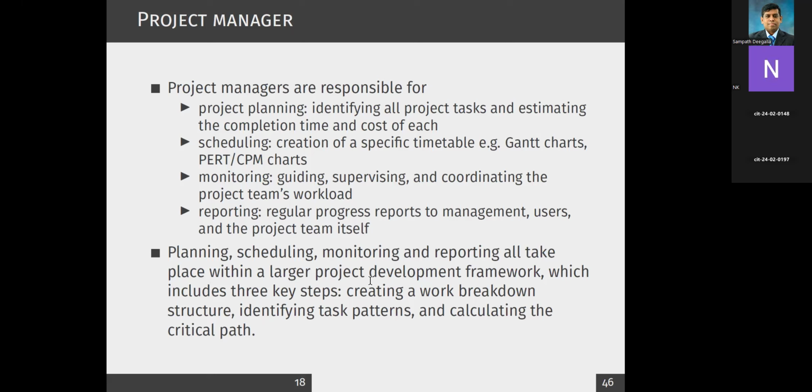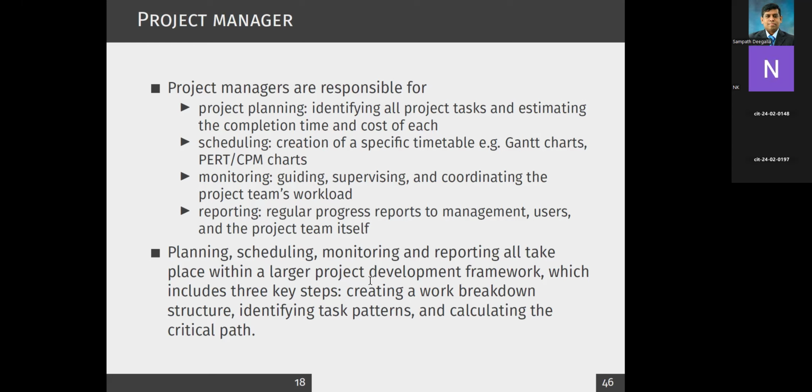So you have to identify all the tasks and then estimate the time. For example, as software developers, we have to develop a database. Let's say we want to develop a database system. So you have to have a plan for that. You have to identify all the tasks and estimate the time and also the cost.